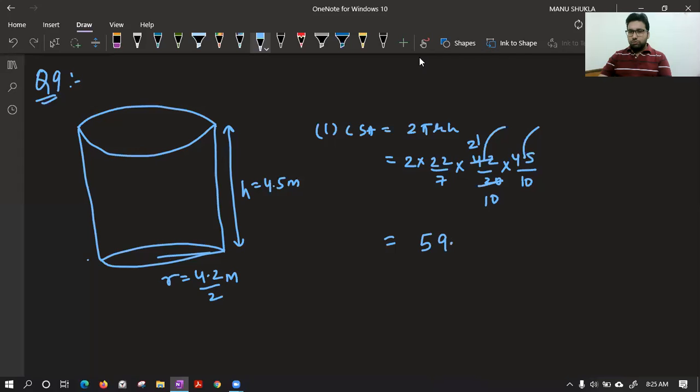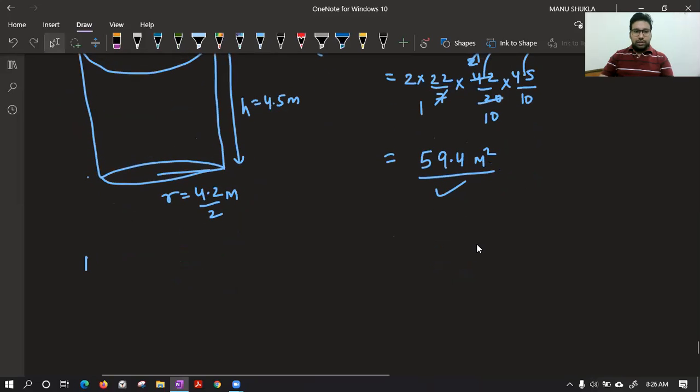Okay, 59.4 meter square. Yes, Ayush is saying 7 and 21, it can be solved, no? Yes, I forgot. 7 ones are 7, 3s are 21. Then it is easy. We just need to multiply it. 2 3s are 6. 6 into 45, and finally by 22 we can multiply and get the answer as 59.4 meter square. Now the second part is the main one.